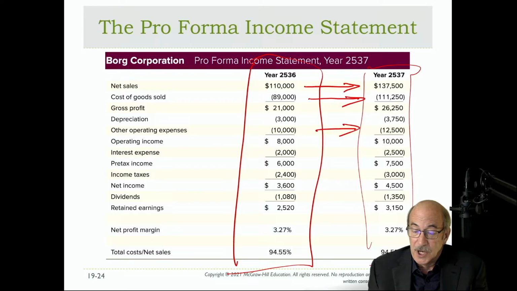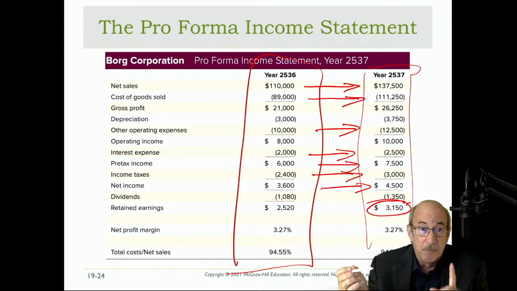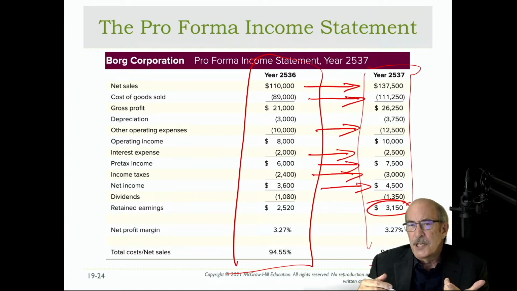Operating expenses go up by 2,500. Interest expenses go up. Income taxes obviously go up because our pre-tax income went up. And so here is our net income. And then we've got retained earnings. And now notice, where does retained earnings go after we close the books?